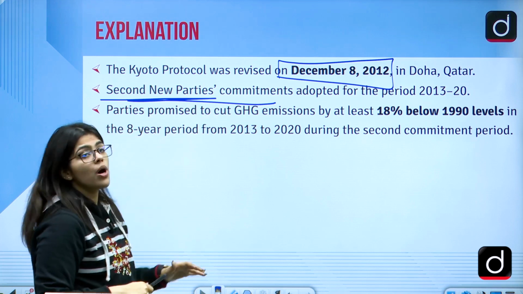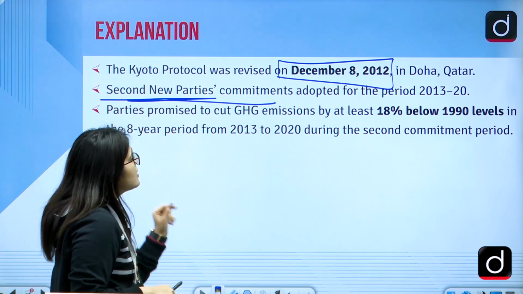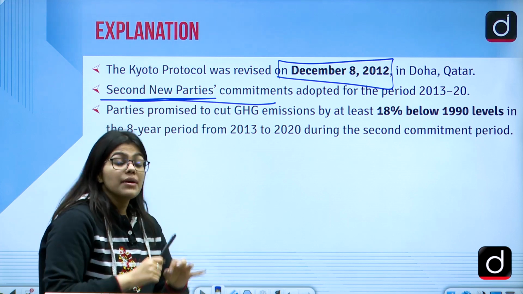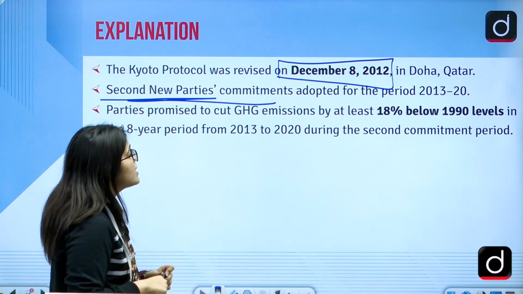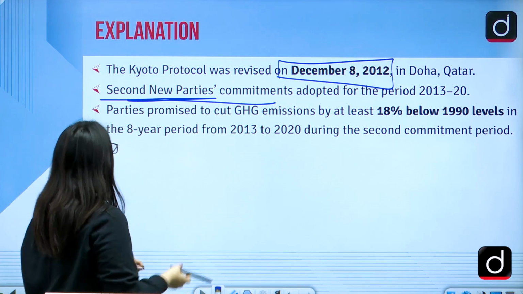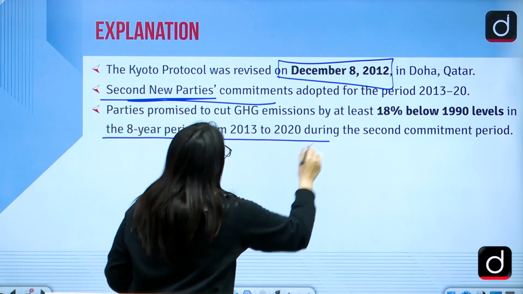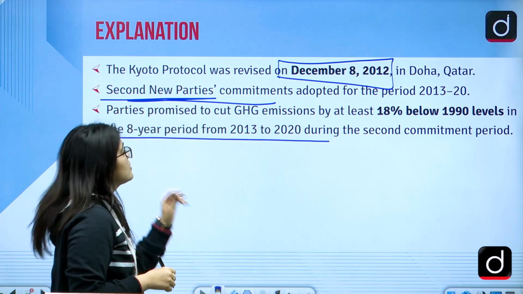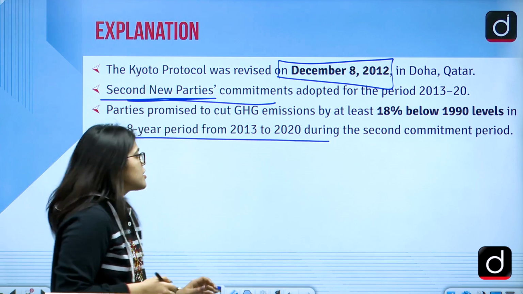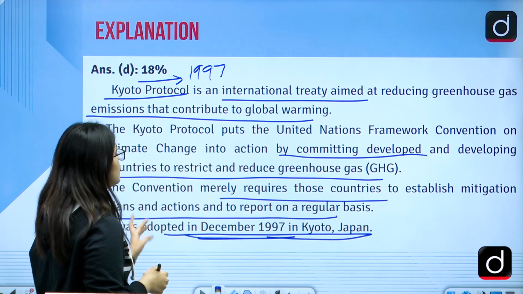The parties promised to cut down the greenhouse gas emissions, that is all the gases because of which global warming is seen, by at least 8% below the 1990 levels in the 8-year period, that is from 2013 to 2020, during the second commitment period. So these are the few things that you should know.